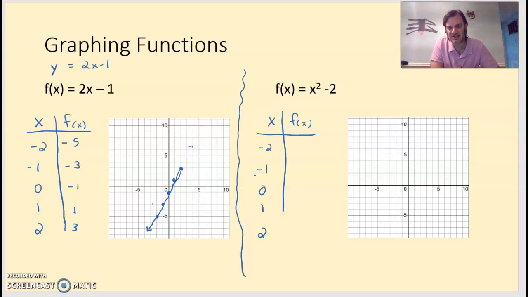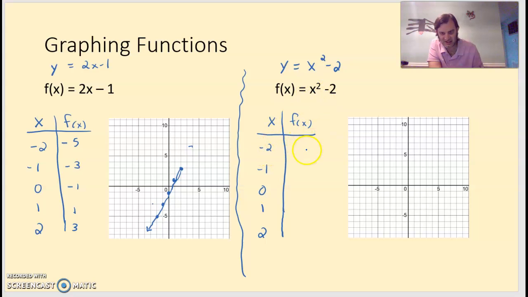The second function I have here is an example. We're going to do the same thing. f of x, which we know we can call y if we like. f of x equals x squared minus 2. So if you prefer the y, that's fine. But the notation is kind of useful in getting familiar with it. So x squared minus 2, I'm going to throw in some x values, the same ones I actually used a moment ago.